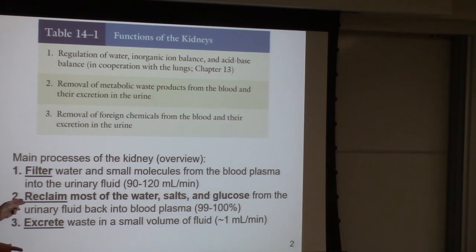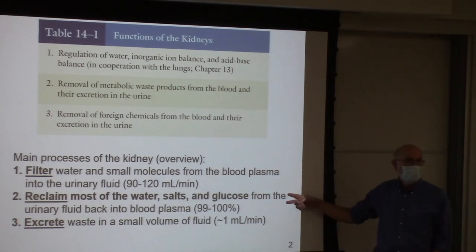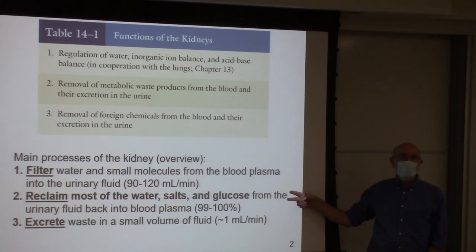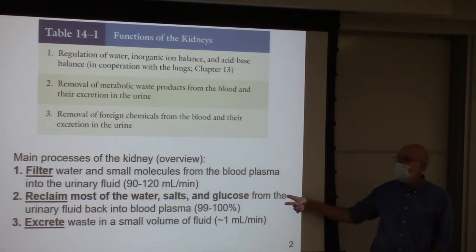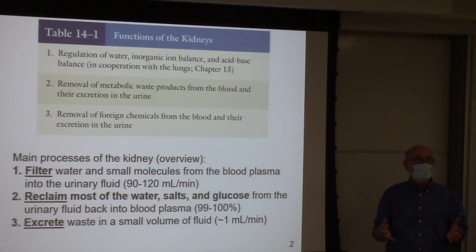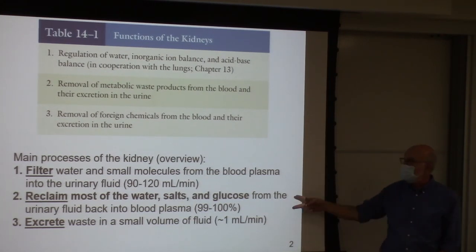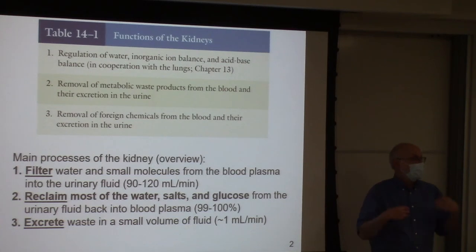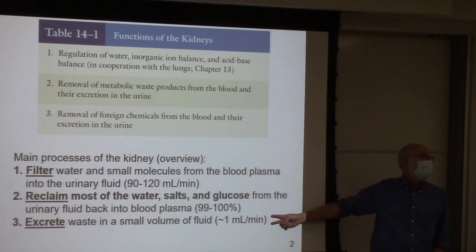And then it's going to go through a process of reabsorption to reclaim most of the water and salts and glucose that was filtered. So we make a dilute filtrate that's got a lot of good stuff in it, water, glucose, salts, other small molecules, and then we recover most of it. And then we excrete the rest.